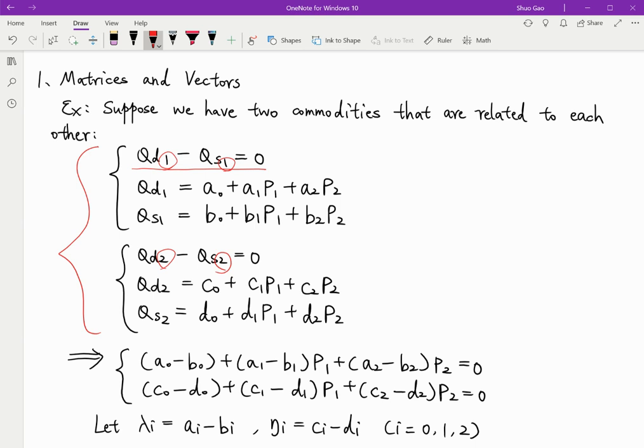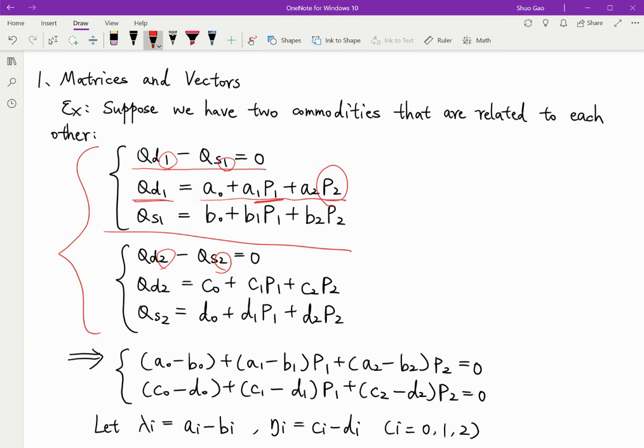So the first 3 equations describe the first commodity. So QD1 equals A0 plus A1 P1 plus A2 P2. That's the difference from last time, because last time we only talked about the relation between Q and P. But here, we have another variable called P2.